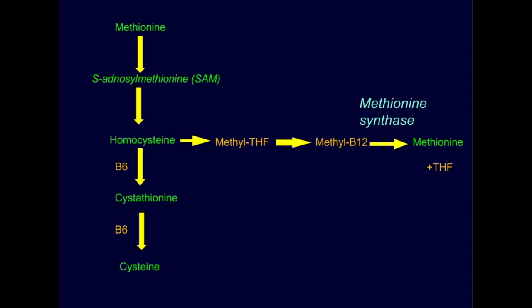Then vitamin B12 gives that to homocysteine to form methionine. Okay? So they're both needed. If either one is missing, you're going to have accumulation of homocysteine, homocystinemia, due to a vitamin deficiency. Okay?